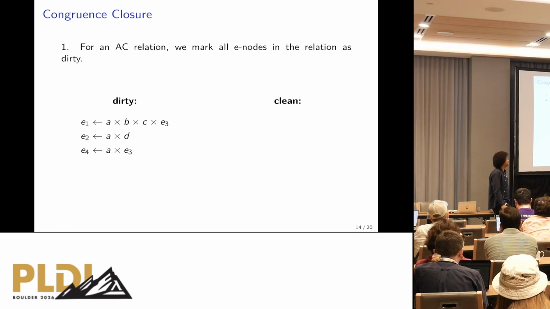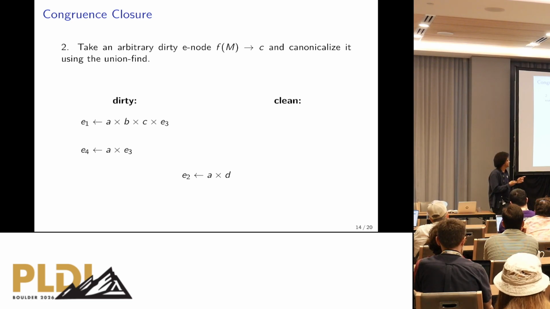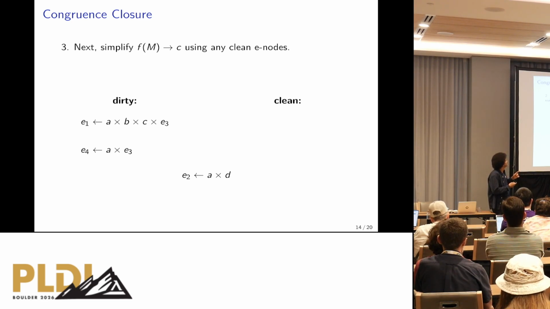So let's see an example of that. If this is our small set of e-nodes, we already marked them as dirty, so we now have to choose one arbitrarily. Let's just pick this one. There is no union-find right now that modifies it. There's also no clean e-nodes which can simplify it.